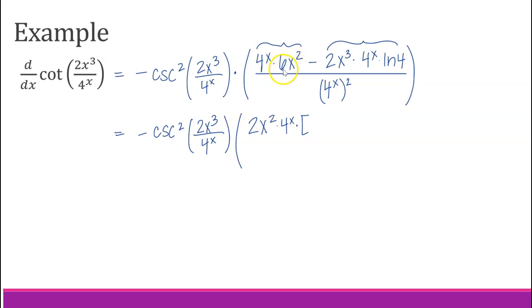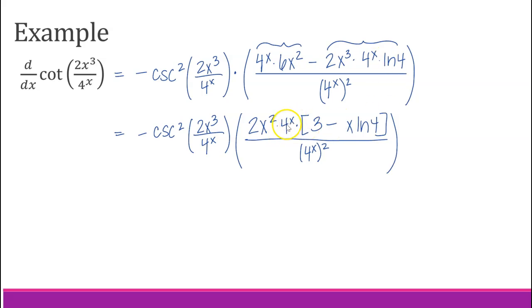If we divide the 2 out of there, we have just a 3 left. And then minus, on this right-hand side, we would have the 2 gone. X squared was taken out, so 1 copy of x is left. The 4 to the x was taken out, so we have the natural log of 4 left. And then all over 4 to the x squared.